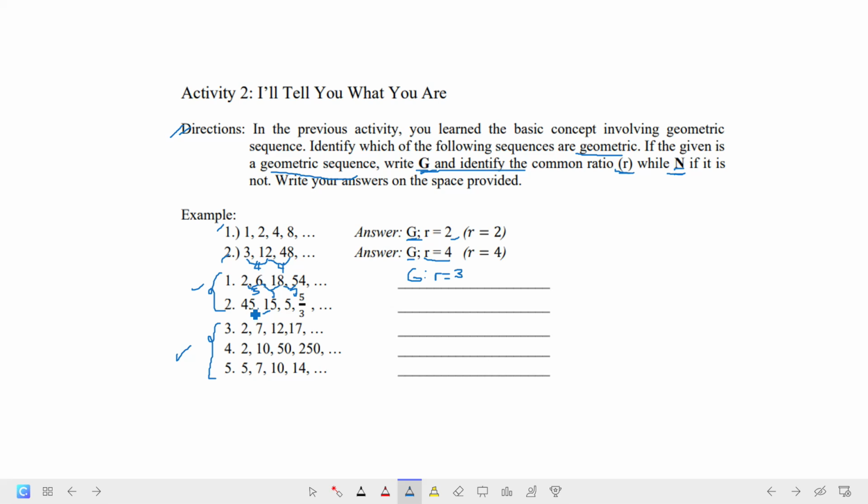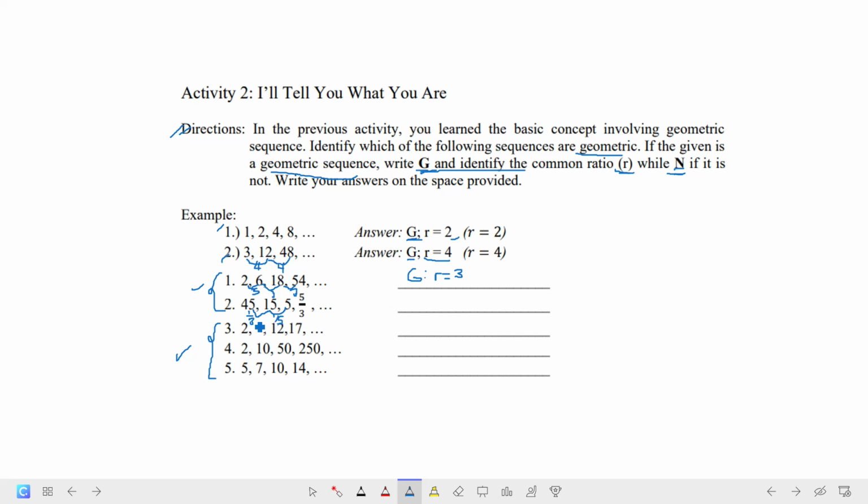How is it possible for 45 to become 15? I guess we just multiply 1/3 to 45 to get 15. So 1/3 of 45 is 15. And let us check the same number. If we multiply 1/3 to 15, what will we get? Okay, so we will get 5.